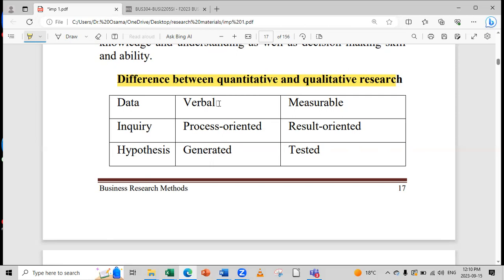So quantitative research depends on models and math. Qualitative research depends on opinions, which is not objective. You remember when I told you in the previous semester about the objective and the subjective; this is what we are talking about right now.